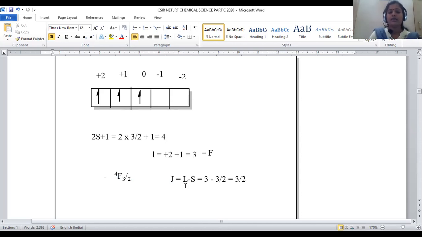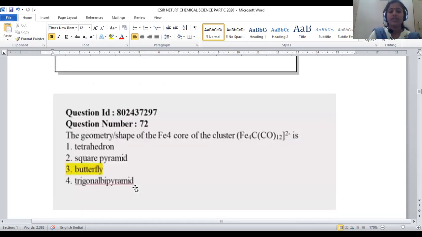For less than half filled, J is assigned as L minus S; if more than half filled, it will be L plus S. L is 3 and S is 3/2. 3 minus 3/2, taking the LCM, becomes 3/2. So the subscript is 3/2, and 4F3/2 is the term symbol for this d3 system. So this is about question number 71.